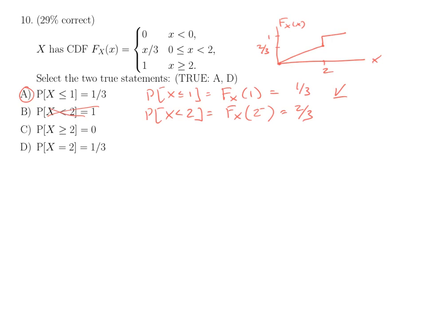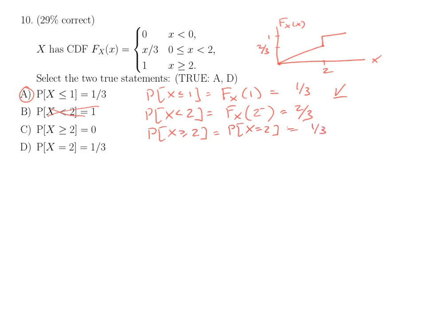And then the probability x is greater than or equal to 2. What we're looking for is for you to realize from this graph that x can't be bigger than 2, but in fact x can be equal to 2. So the probability x is greater than or equal to 2 is the probability x equals 2, and that's 1/3.